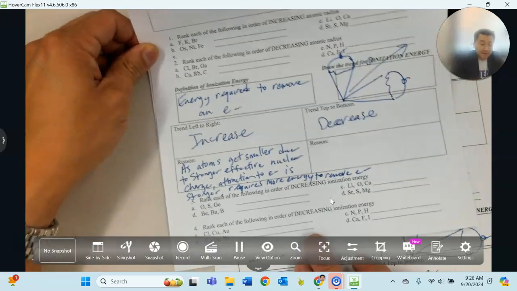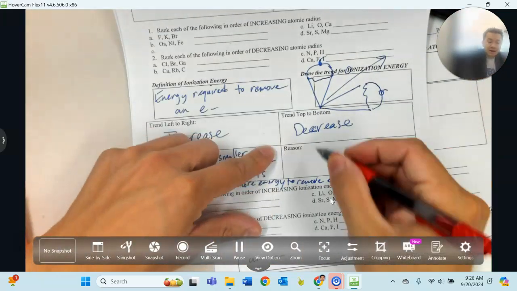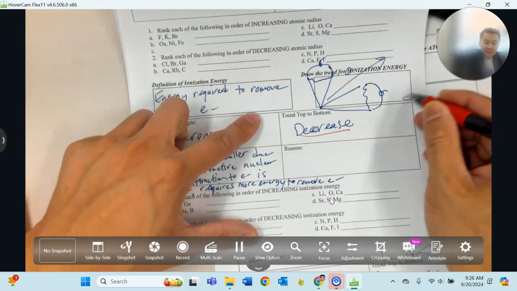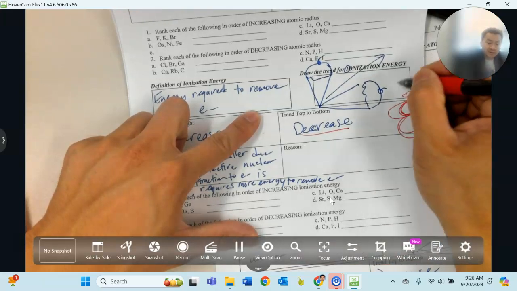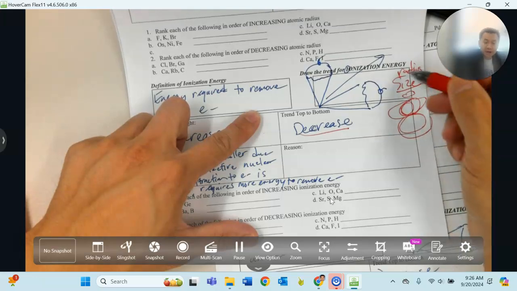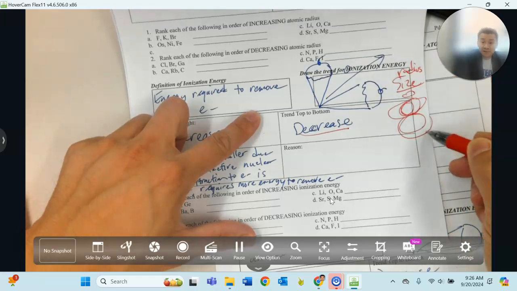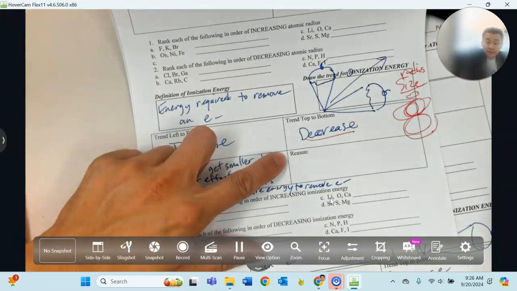Okay? And so as for the reason for the decrease going down: remember, as we go down, the atom gets bigger in size. The radius gets bigger, so that's opposite for ionization energy. Remember, as we go down, the effective nuclear charge decreases because of shielding.